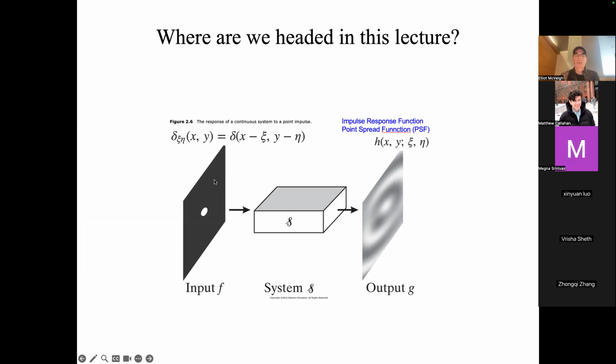But what we want to do is try and characterize what our system does to this input. Is there a way of mathematically writing down, if I have this input, what this system is to generate that picture? So that's where we're going. We need to come up with a system function that says, if I have this, this is what's going to come out of my scanner.